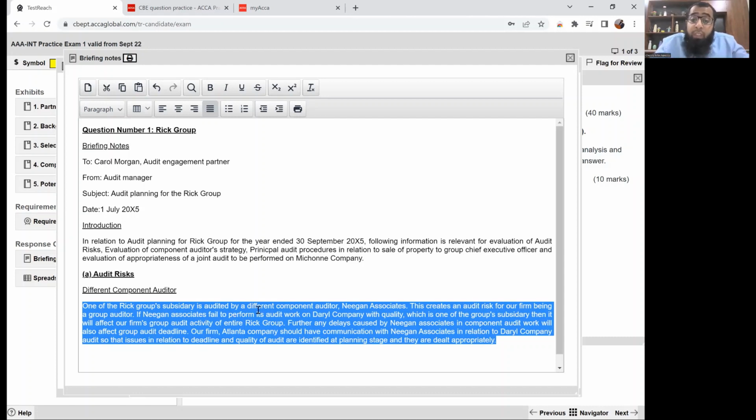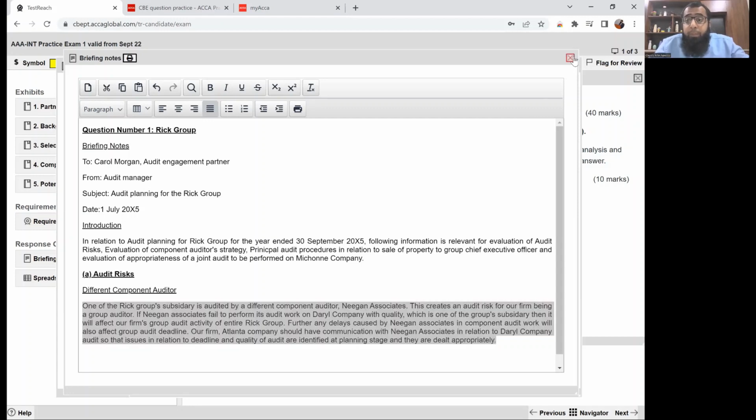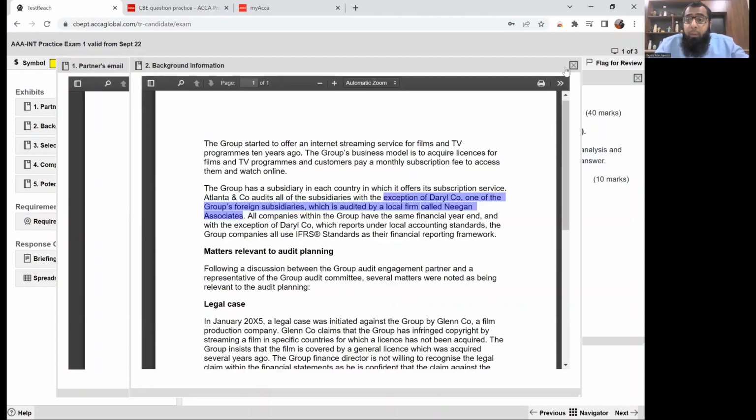If Negan Associates fail to perform their audit work on Darrell Company with quality, which is one of the group subsidiaries, then it will affect our firm's group audit activity of the entire RIG group. Further, any delays caused by Negan Associates in component audit work will also affect the group audit deadline. Now, what should be the response? Our firm, Atlanta Company. If you have forgotten the name of our firm, see here, it's written, the name of our firm.